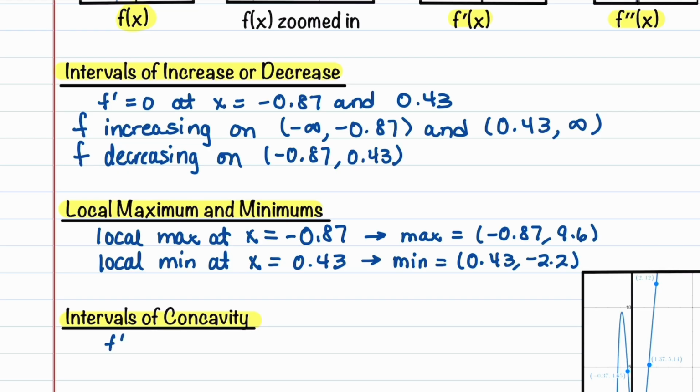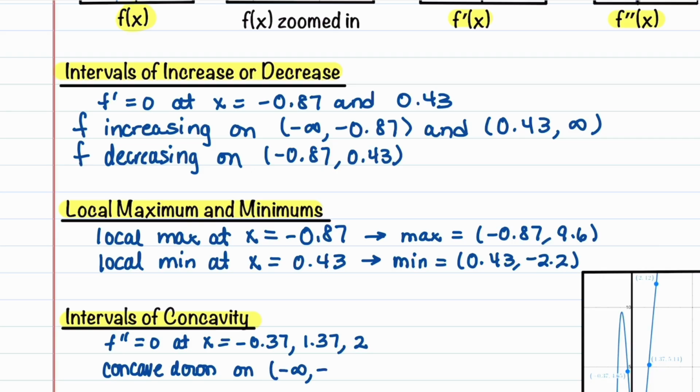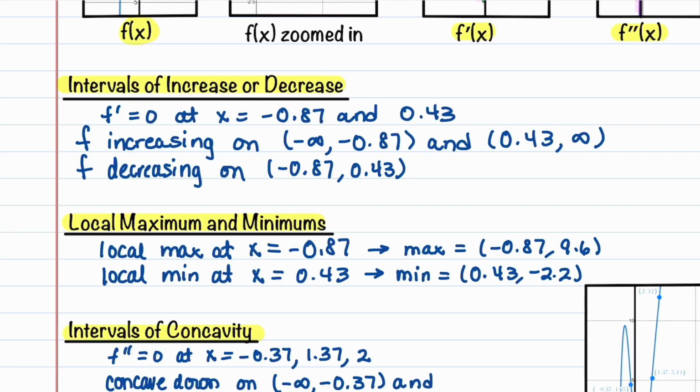We'll say that f double prime is equal to 0 at x is equal to minus 0.37, 1.37, and 2. And then it's going to be concave down on the region from minus infinity to minus 0.37, and then in the region between 1.37 and 2.